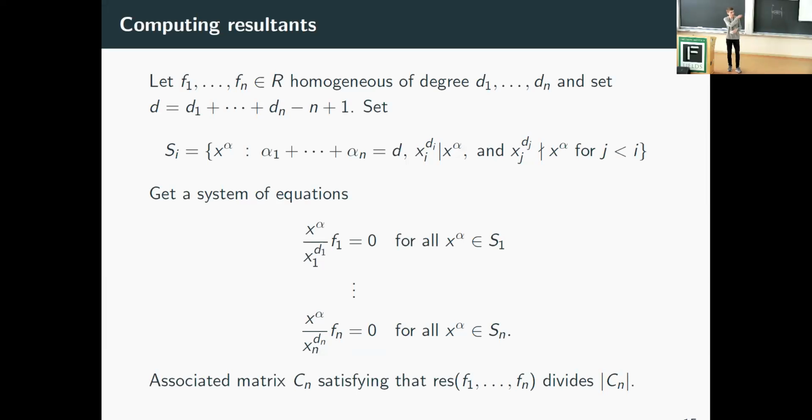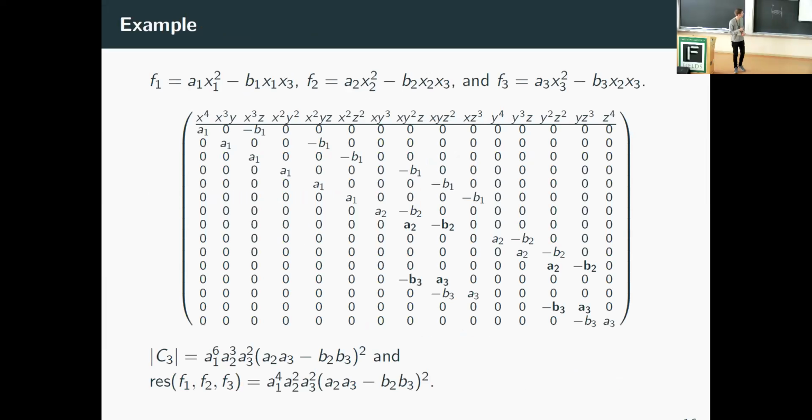So let's take a look at how this C_n might look in our case. For our standard example, we are looking at degree 4, so we will have a 15 by 15 matrix, looking something like this. One can write out this big matrix and see the determinant given here, and the resultant one can calculate, for example using Macaulay, to be the following polynomial.